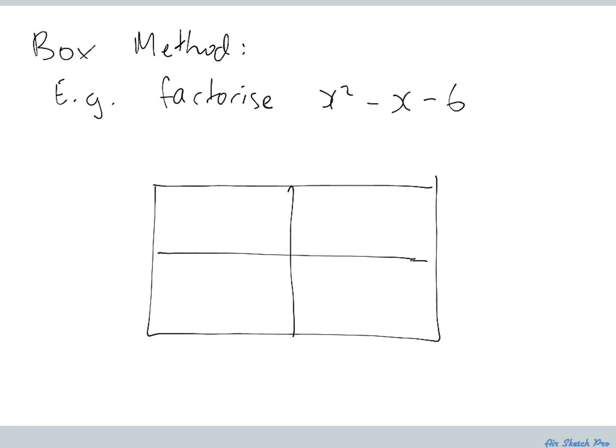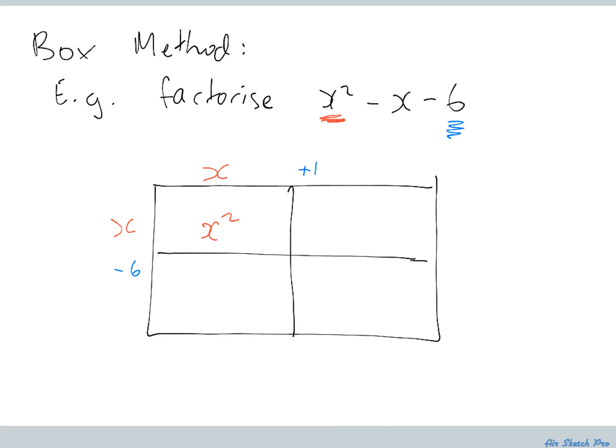Then you look at the first term, the x squared term, and you put the two numbers that will multiply together to give you x squared, which is just x and x. x times x equals x squared. Then you look at the last number and you look at combinations of numbers which will multiply together to give you negative 6. So, for example, negative 6 and positive 1.